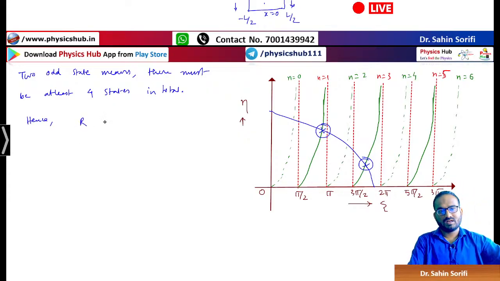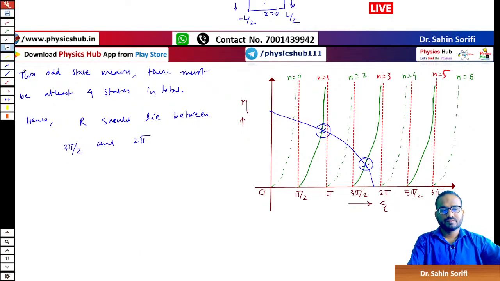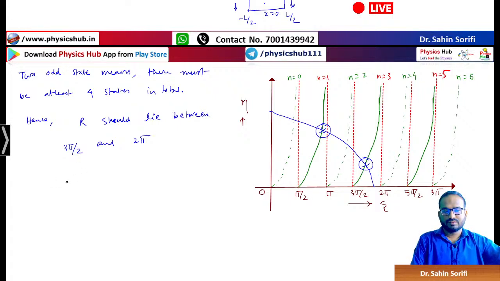Hence, R should lie between 3 pi by 2 and 2 pi.